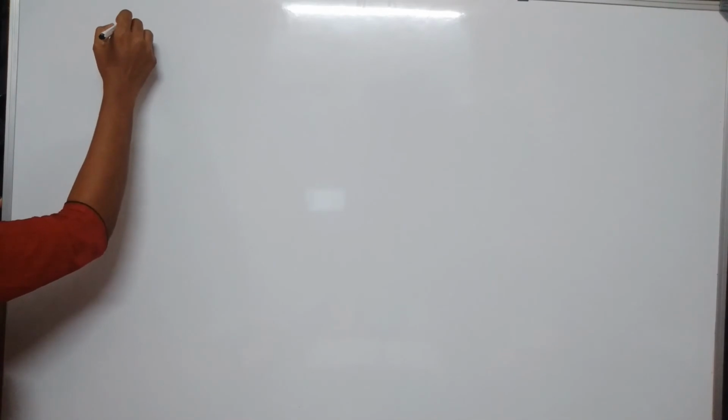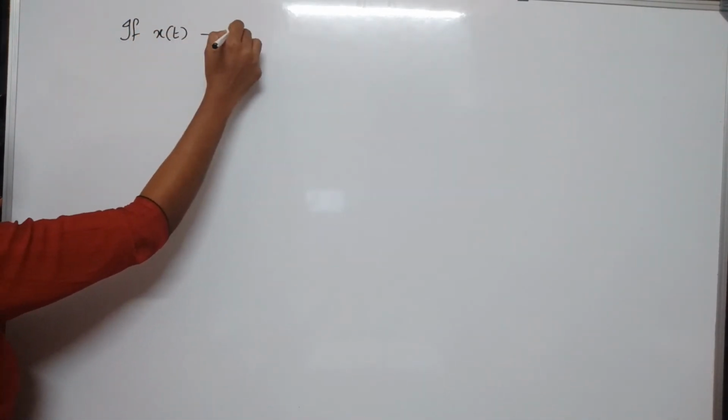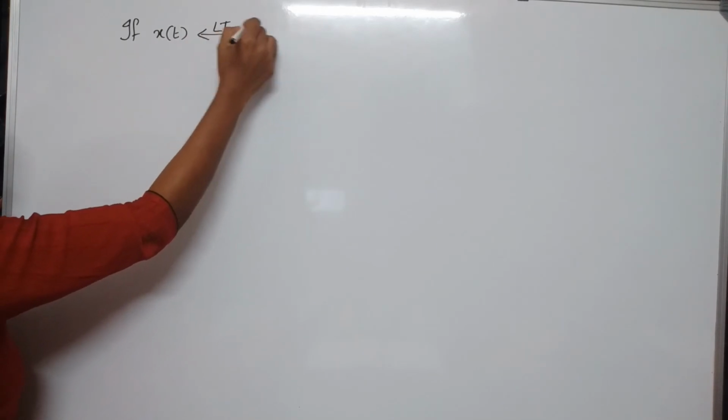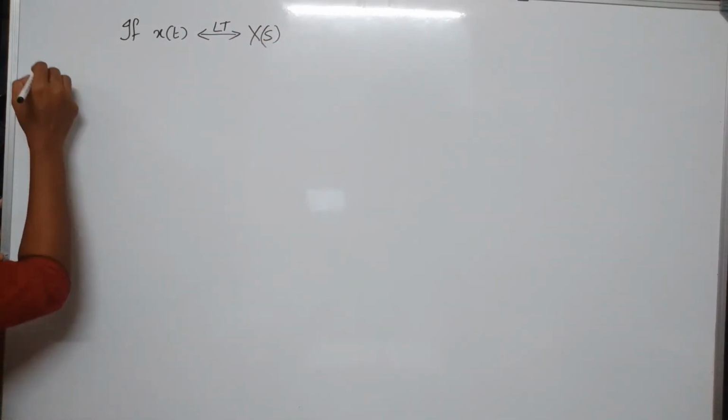Now we have covered almost all the properties which we require in our particular subject. Now let's summarize all the properties. If the Laplace transform of x of t is X of s, what was the first property?